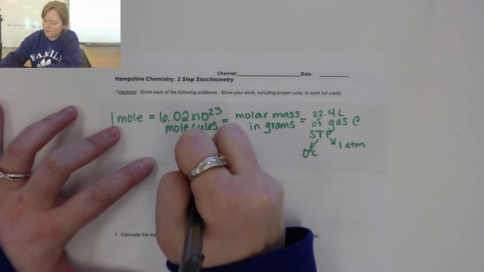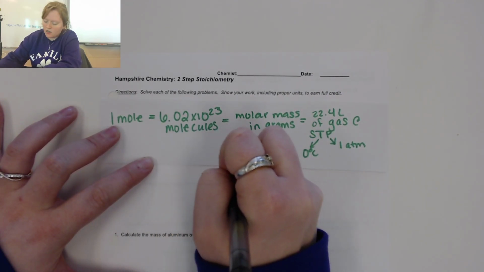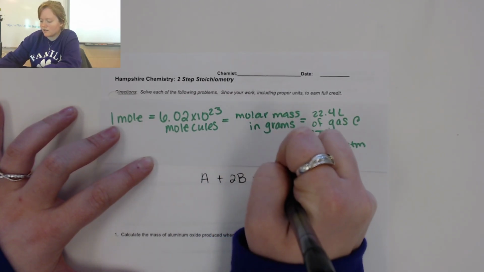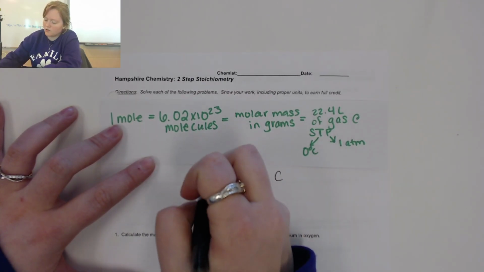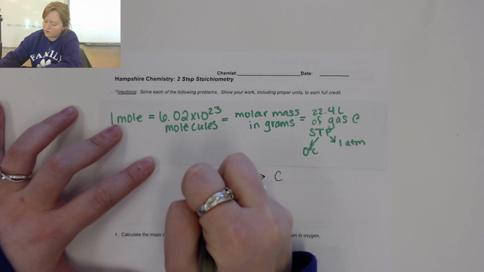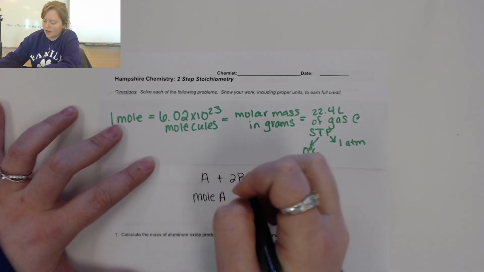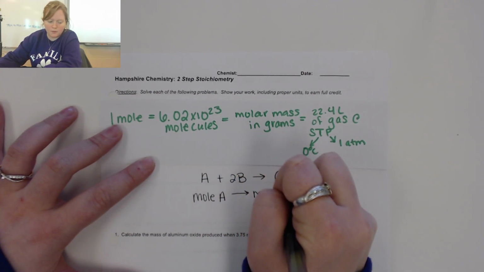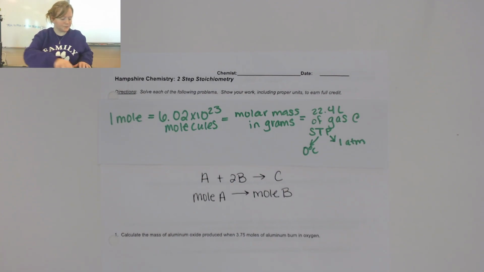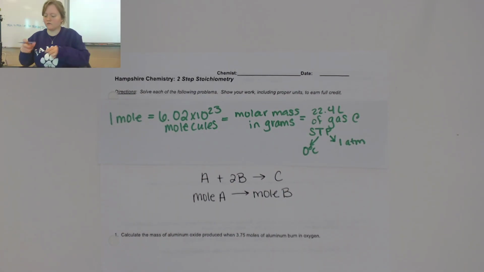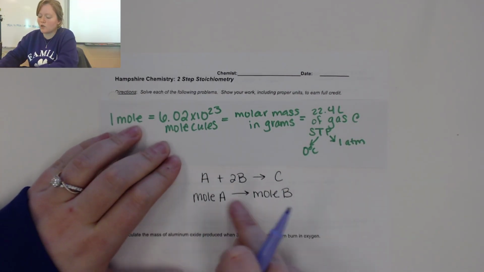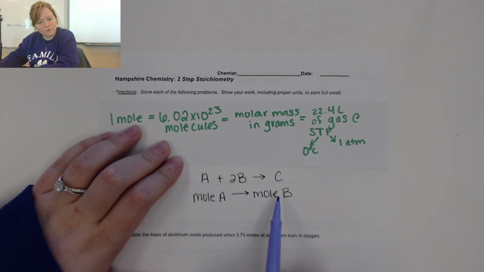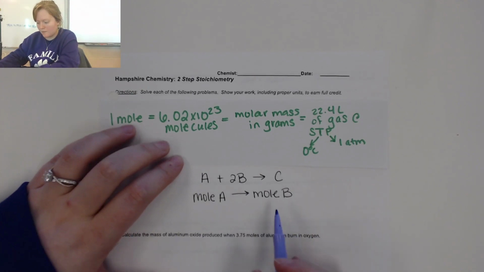So here we have a very generic equation. We have A plus B gives us C, right? So we can go from moles of A to moles of B. This is what we've talked about the past few days. We went from moles of one element to moles of a different element.